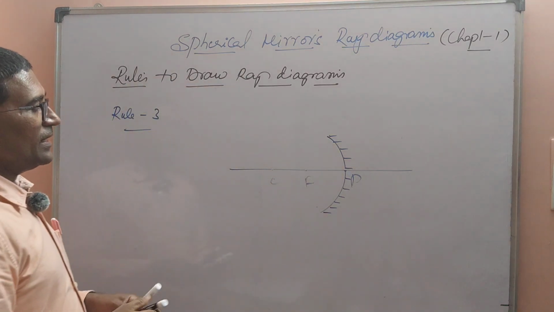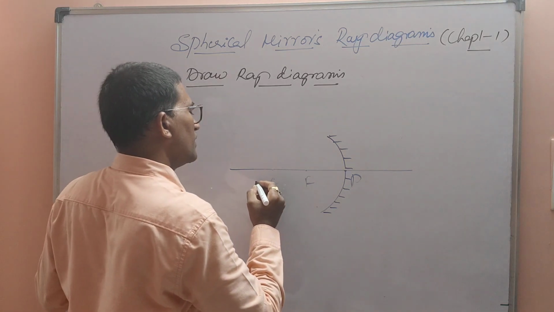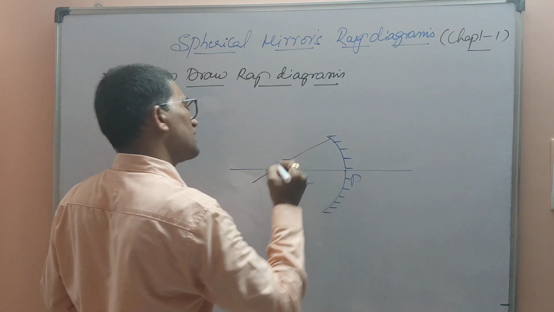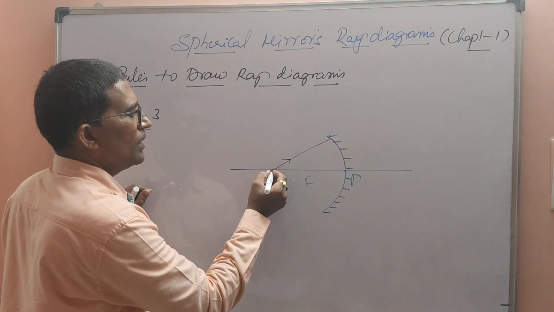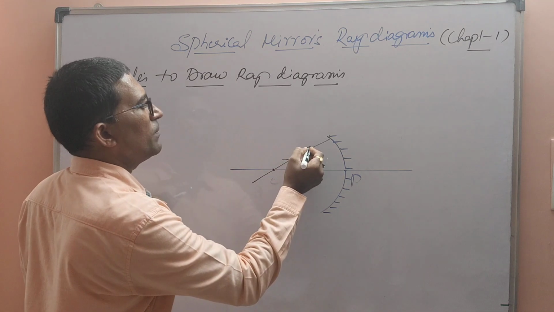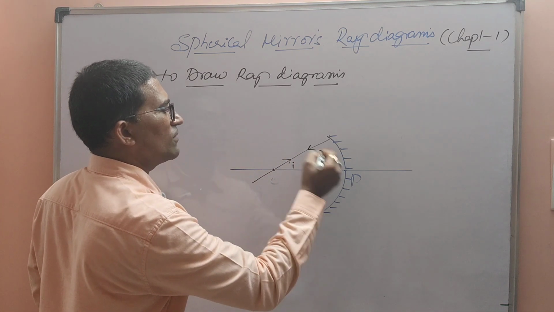If the incident ray is coming from the center of curvature, the incident ray is passing through the center of curvature, and the reflected ray bounces back in the same path. This is the incident ray and this is the reflected ray.